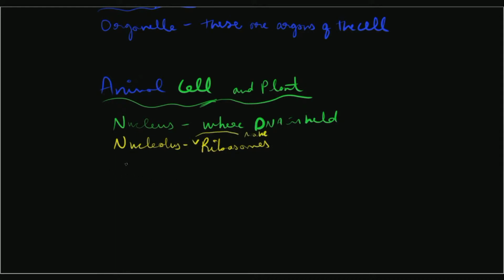Ribosomes are structures that make proteins. They are involved in the process of protein synthesis, and they're used in the part of translation. So these make proteins. Cool.